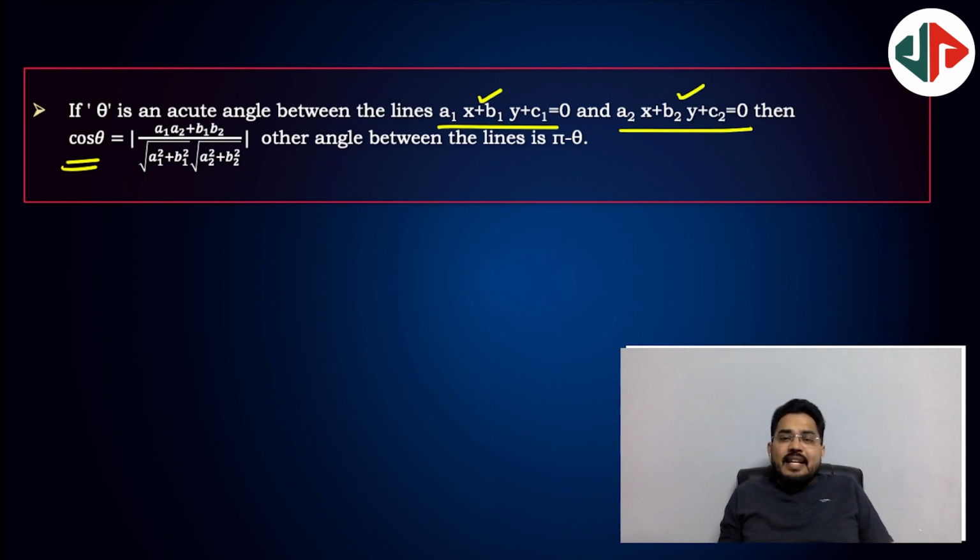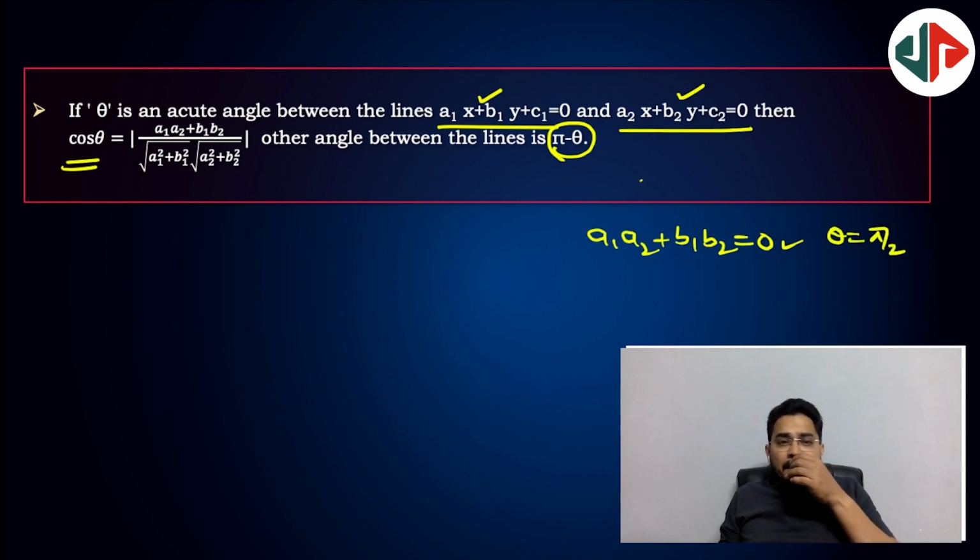And another angle is pi minus theta. One angle is theta, another one is pi minus theta. So from here we can say that if A1 A2 plus B1 B2 is equal to 0, then theta is equal to 90 degrees.